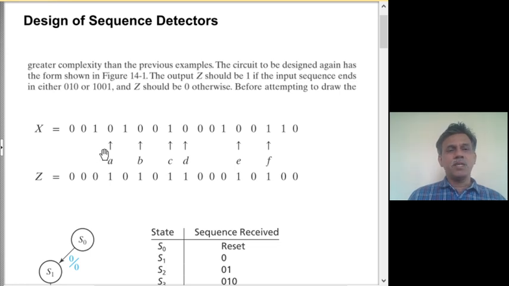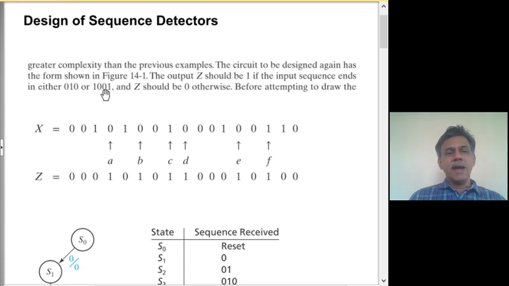While coming up with an input sequence, we will try to include all possible cases that you may encounter, that is, no occurrence of a pattern during a particular subset of the string, occurrence of one pattern separately and occurrence of the other pattern, or an overlapped occurrence of the first pattern or the overlapped occurrence of the second pattern, or the intermixing of these two patterns, overlapping of 0 1 0 and 1 0 0 1 or the other way and so on.